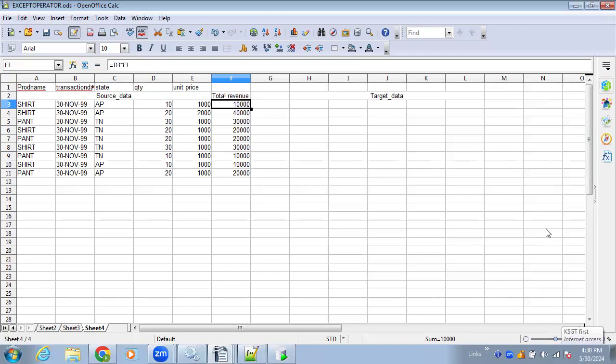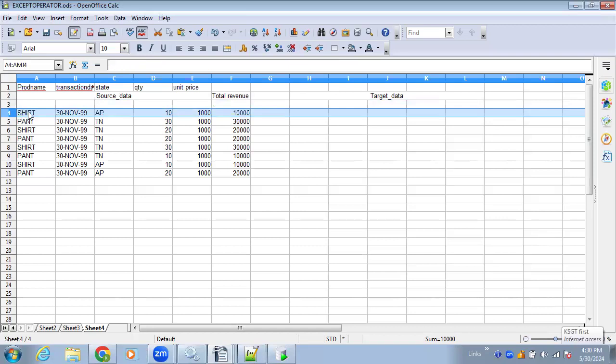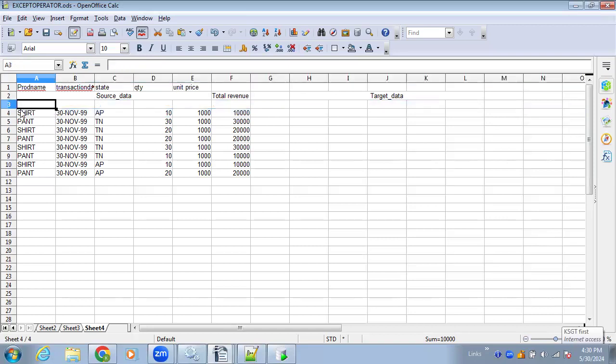Today he sold 10 shirts, each one's unit price is 1,000 rupees in the state AP. So how much did he earn in AP by the product shirts? Then you will group by the state also, right? This is the total revenue. How much is the total revenue? If I'm going to purchase, then that's fine.